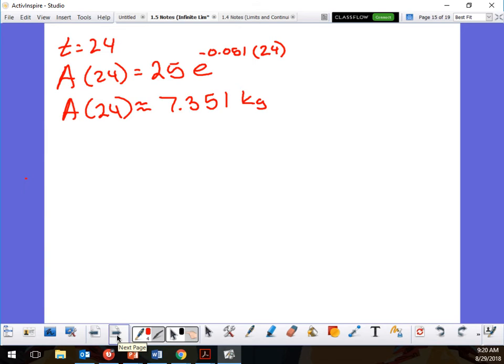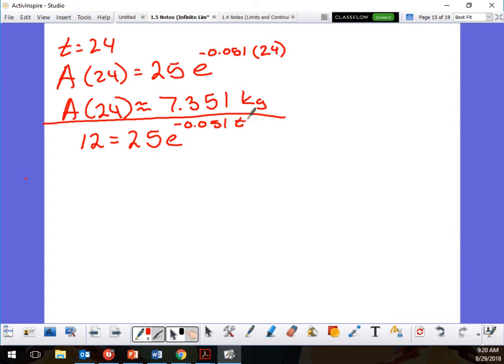So now the next one says 12 is going to be equal to 25, which is my initial amount, e to the negative 0.051 times t, right there.